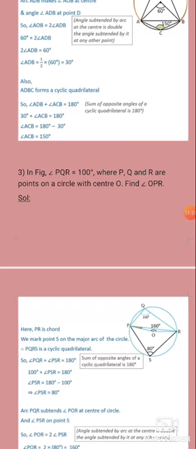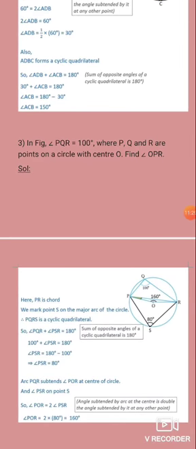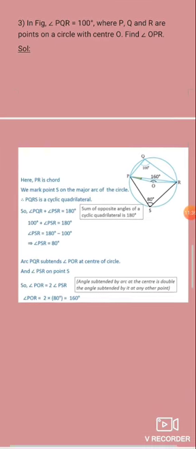PSR is how much? 80 degrees. So twice 80 degrees is equal to what? 160 degrees. That is, angle POR is equal to 160 degrees. Now what do we need to find out? Angle OPR. So listen carefully.